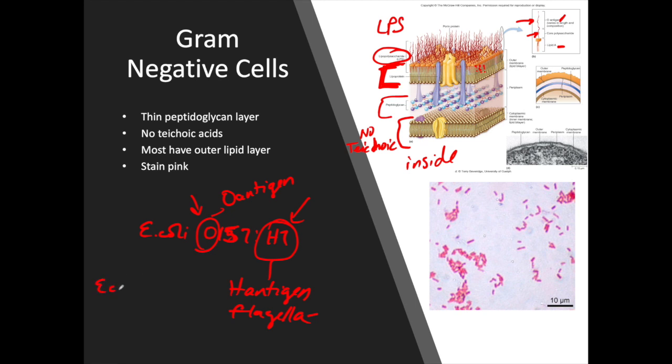There are several other E. colis. There's an E. coli O101, H1. There's an O157H2. So there are lots of different combinations of E. coli in these different instances. Now over here, we can see they're showing you the same kinds of diagrams.